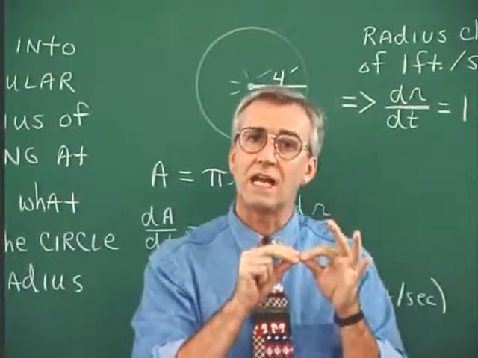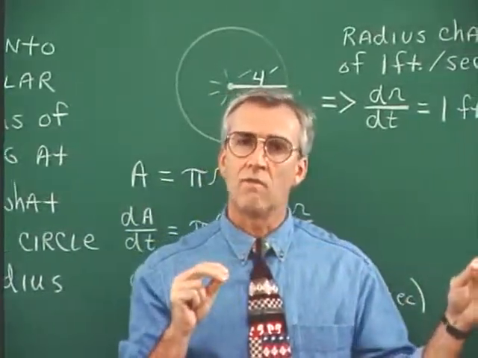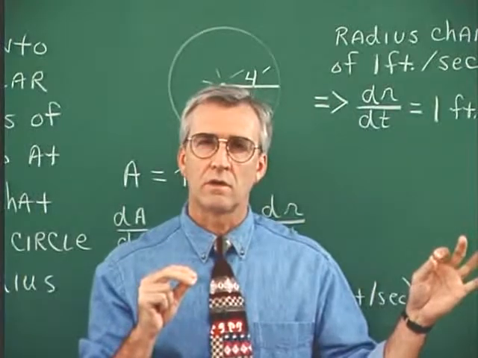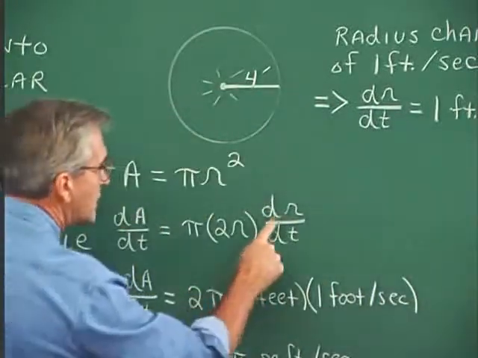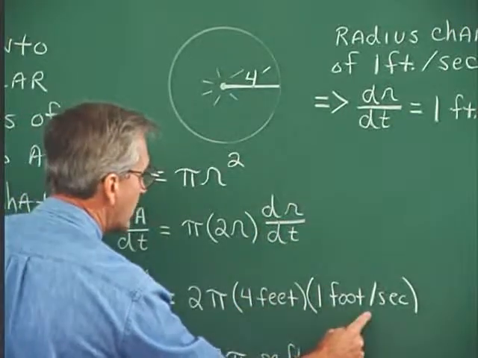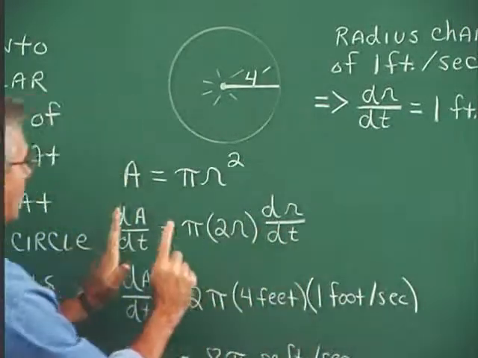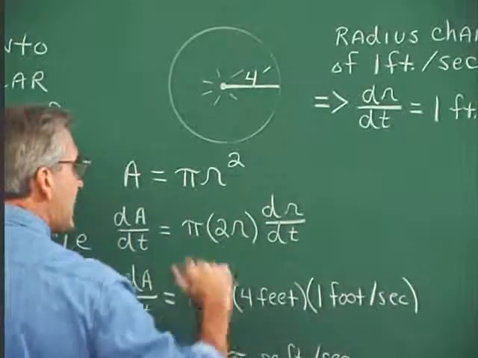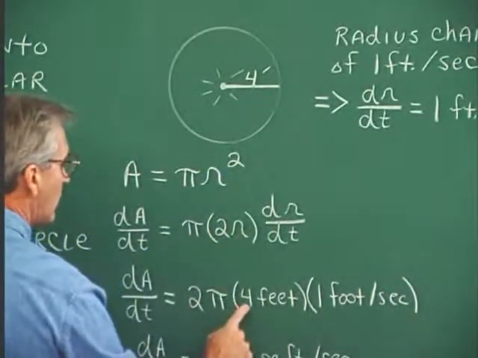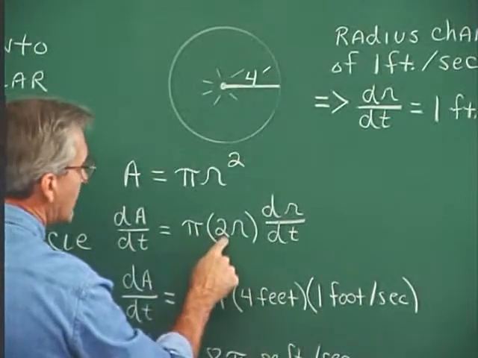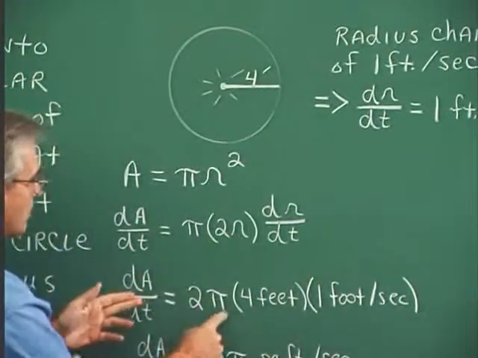It's changing at a constant rate of 1 foot per second, we were told. So this dr dt is 1 foot per second. And at the moment that we're making this calculation, the radius is 4 feet. So this is pi times 2 times 4, or 2 pi times 4.